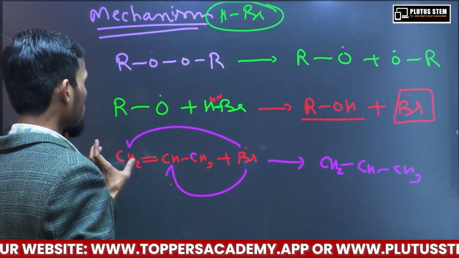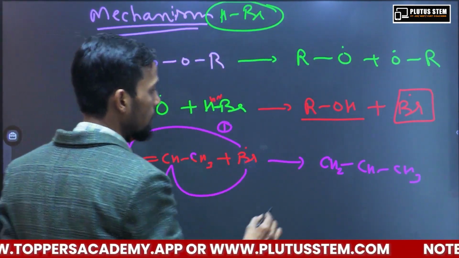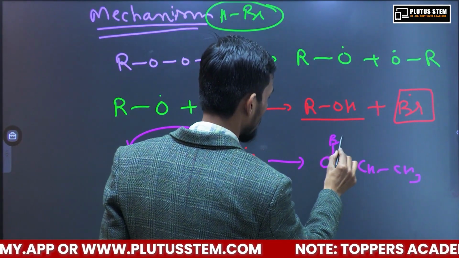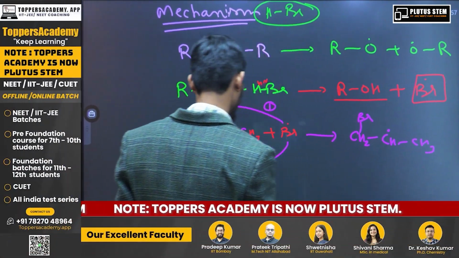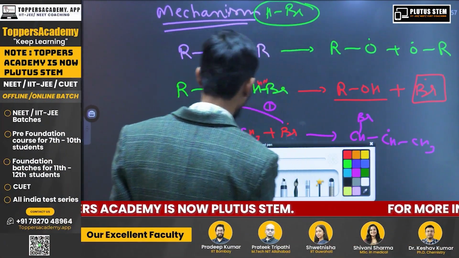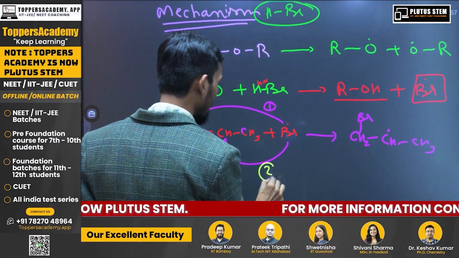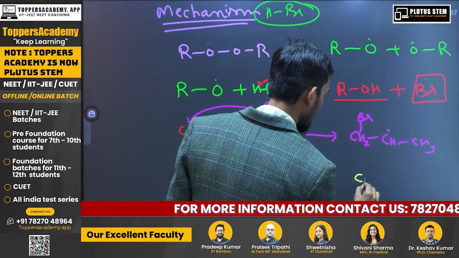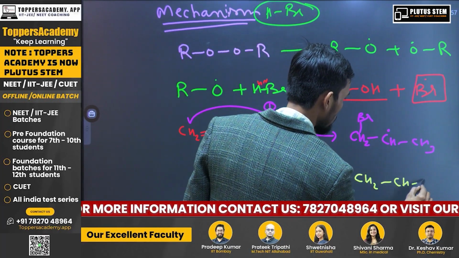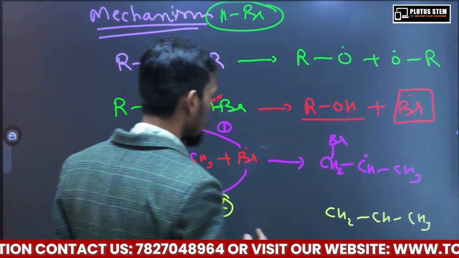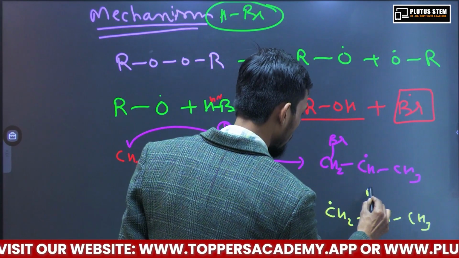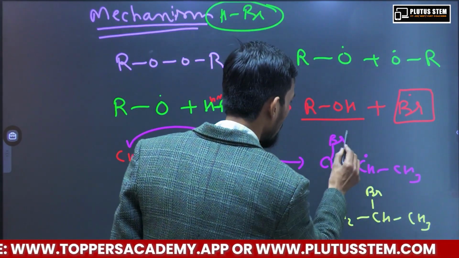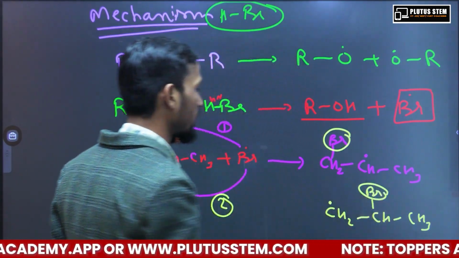Now if we add firstly at this side, it will be Br like this, and over here a free radical is generated. Another possibility, the second step, is CH2 single bond CH single bond CH3, where we can visualize a free radical over here, and at the center we are adding a Br. So there are two possibilities of attaching Br.